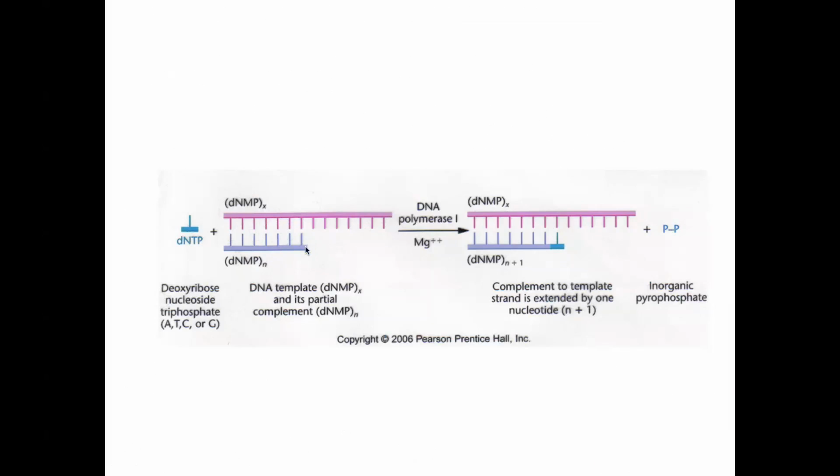So the enzyme will bring a dNTP into this position here, a dNTP that has base pair complementarity to this nucleotide on the template strand. It'll stabilize that dNTP, and then it'll catalyze bond formation, phosphodiester linkage formation. And so you then grow the newly synthesized molecule of DNA by adding nucleotides one by one.